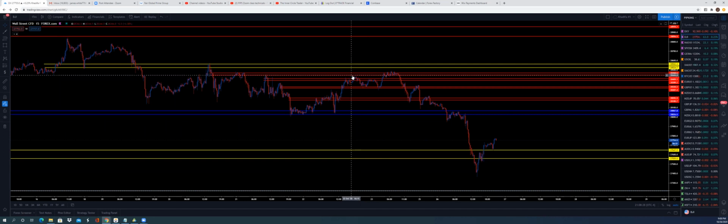Our stop loss was above here, or either here. I can't think of which one. If we got in right here, it would have been above this high. But if you took the entry right here, which you shouldn't have, you should always wait for the retest, then the stop loss would have been above this line high, regardless of which entry you took. You would have got stopped out because of the manipulation right here.